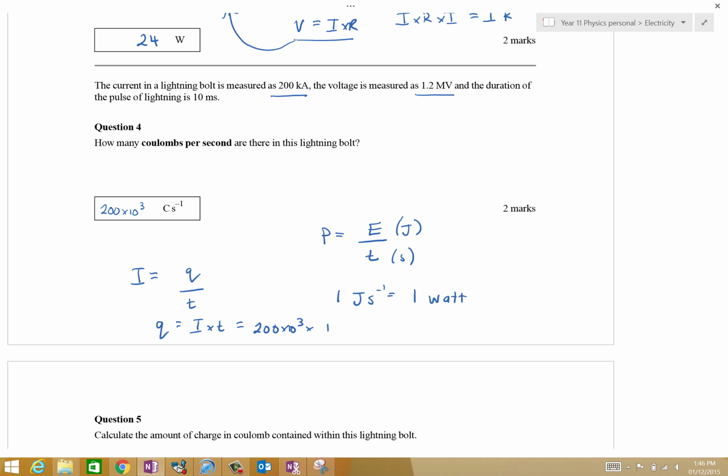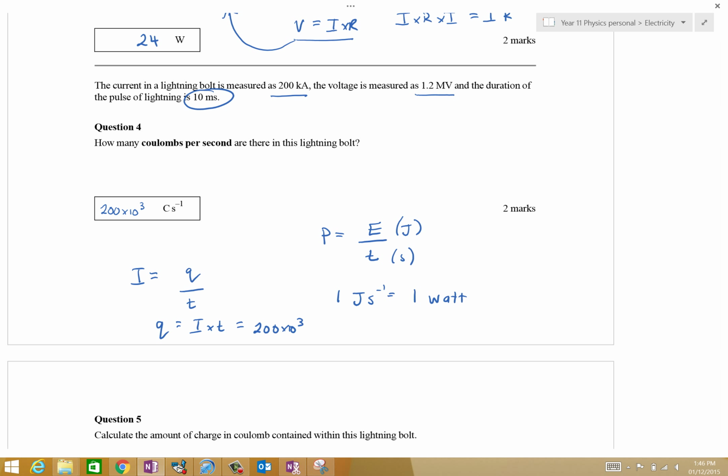How many coulombs per second are there in this lightning bolt? Well, the thing is though, look over here. Does it matter if you use scientific notation or just letters? No, scientific notation. Yep.